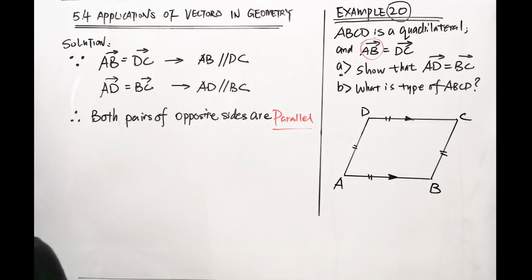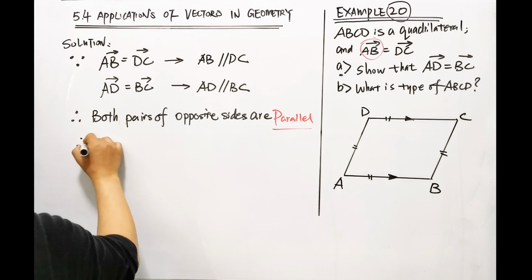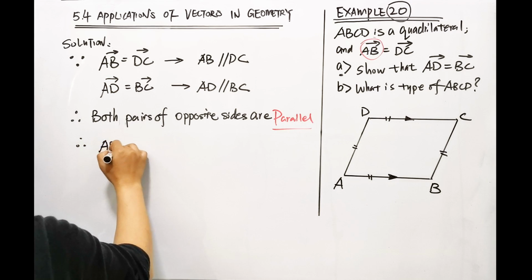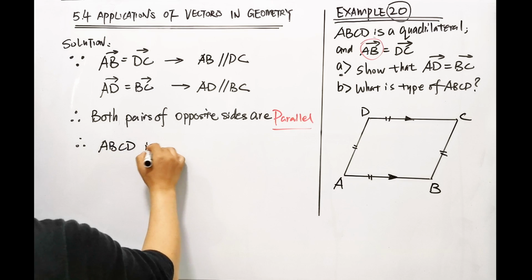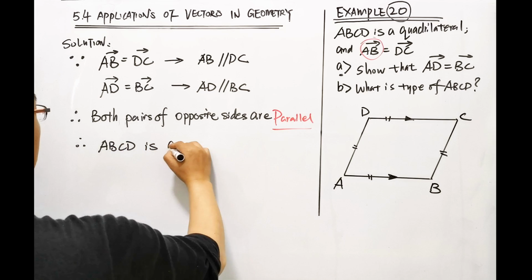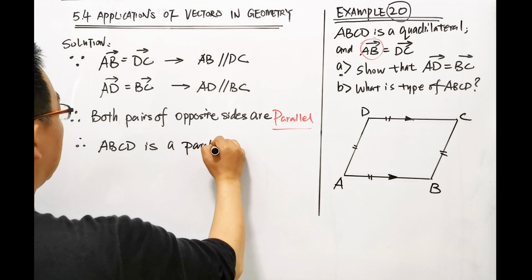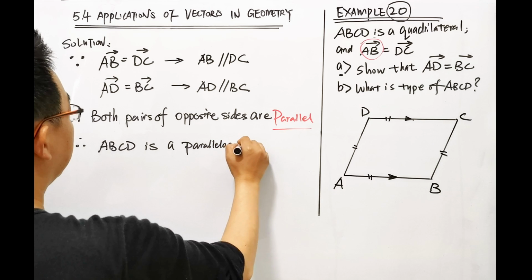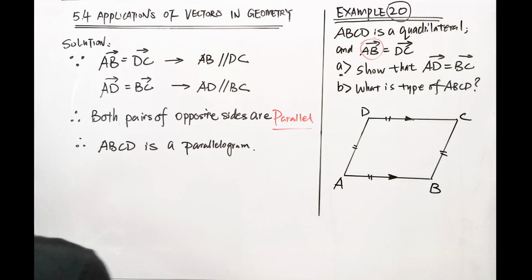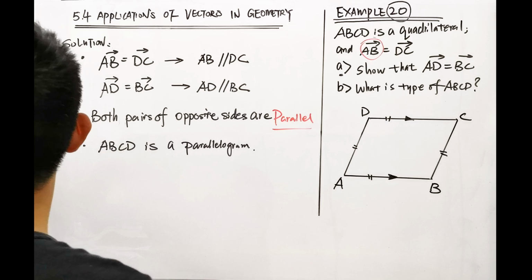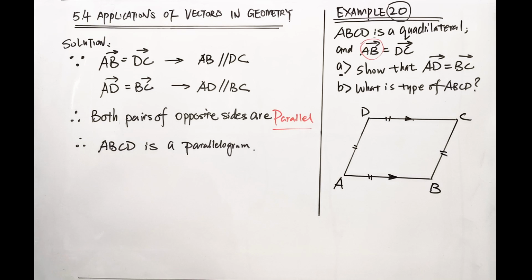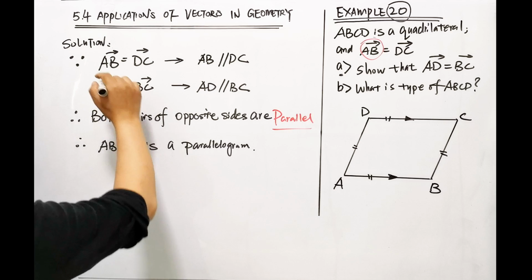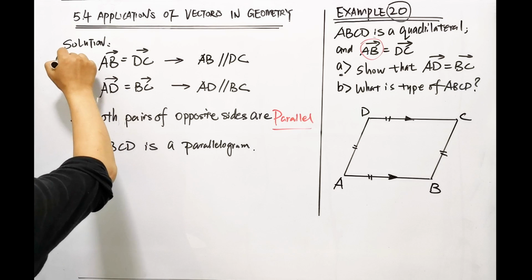What we get? ABCD is a parallelogram, right? So this is the answer for question B.